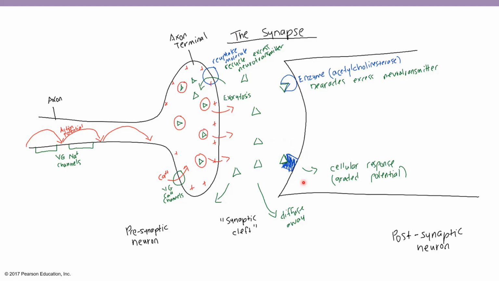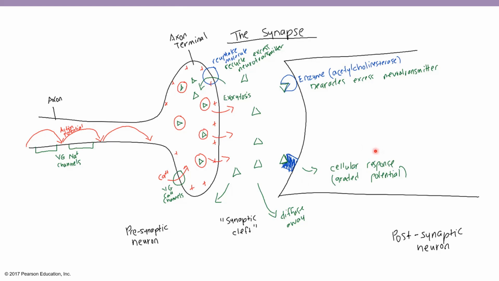So the ligand binds, and if it's a fast receptor, it's going to be a channel. So binding is also going to open up that passageway, and we can have depolarization because of the movement of ions. And then we can automatically have a fast response, which is generating that graded potential.